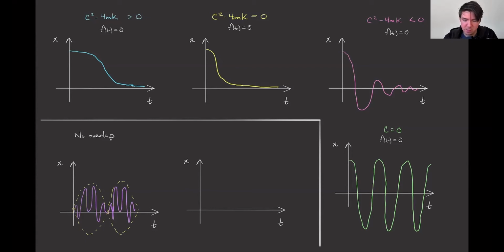Then in the other case, where there is overlap between the complementary and the particular solution, the driving force is in sync with the complementary solution, and it drives up the amplitude.